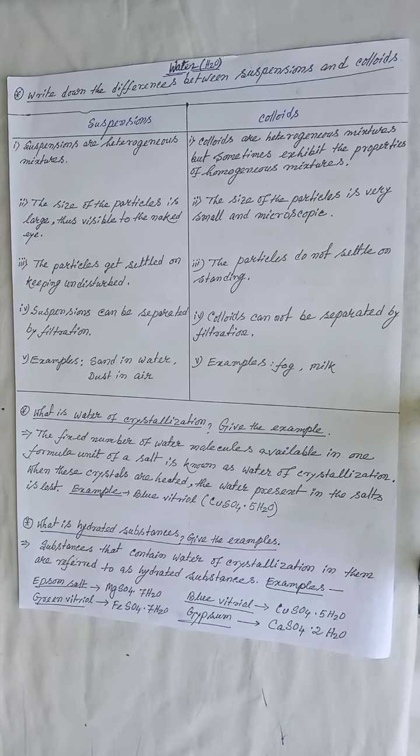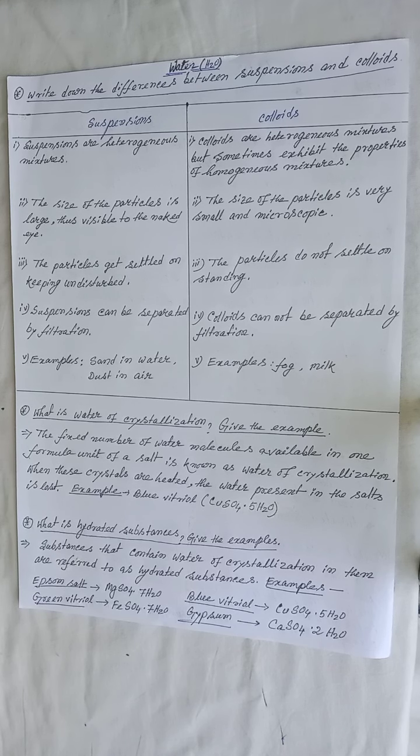Now, the difference between suspension and colloid. Suspensions are heterogeneous mixtures, and colloids are also heterogeneous mixtures, but some colloids exhibit properties of homogeneous mixtures. In a suspension, the size of the particles is large, thus visible to the naked eye. In a colloid, the size of the particles is very small, that is microscopic.